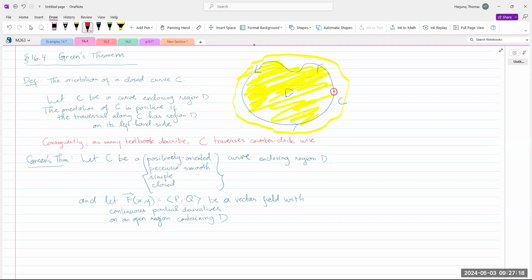If you choose a point on C, the vector field has continuous partial derivatives in any direction to that point. This way we guarantee that the vector field behaves very well, not only on D but also on the boundary, and slightly a bit over the boundary.